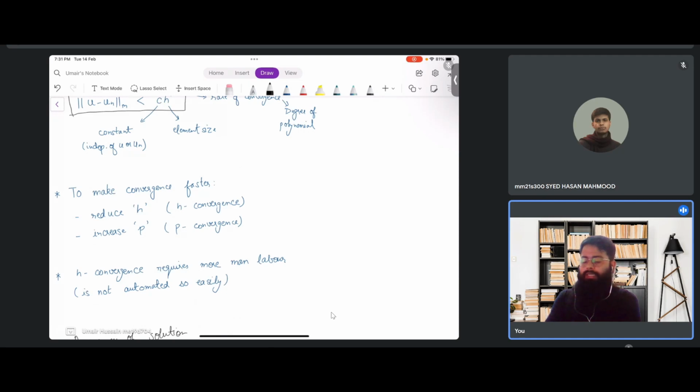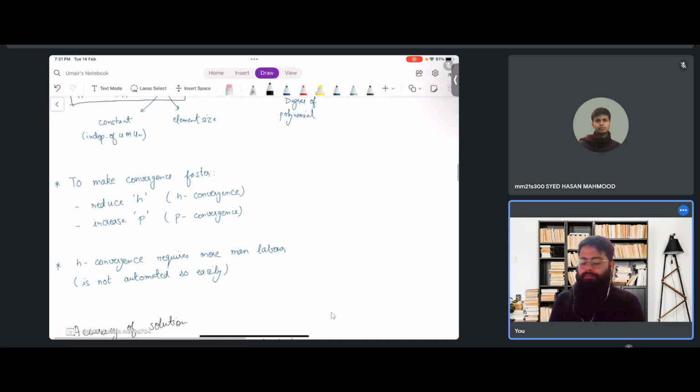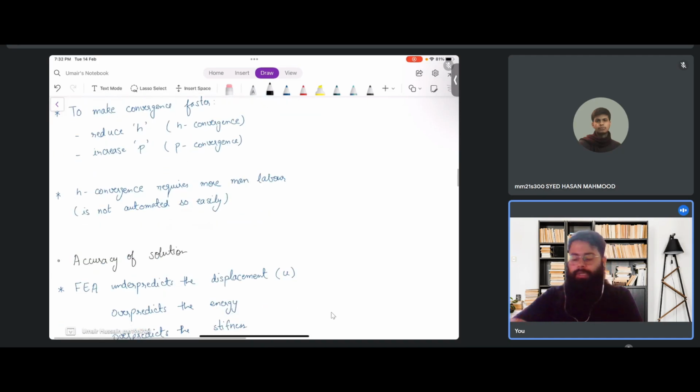However, the discretization of the domain is a separate task, so this usually increases man labor. So it is not always convenient to do h convergence. This should be kept in mind.